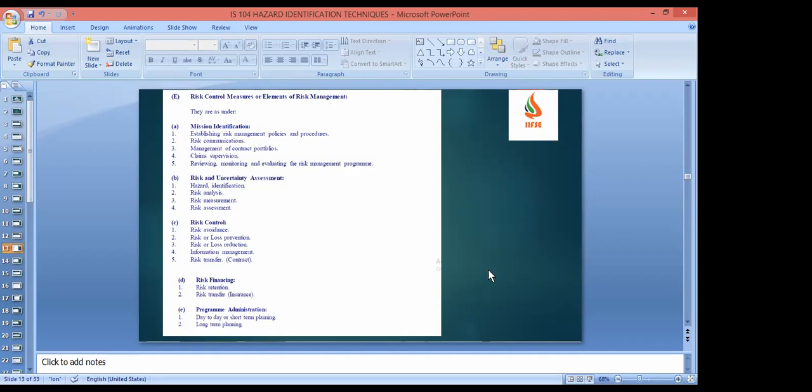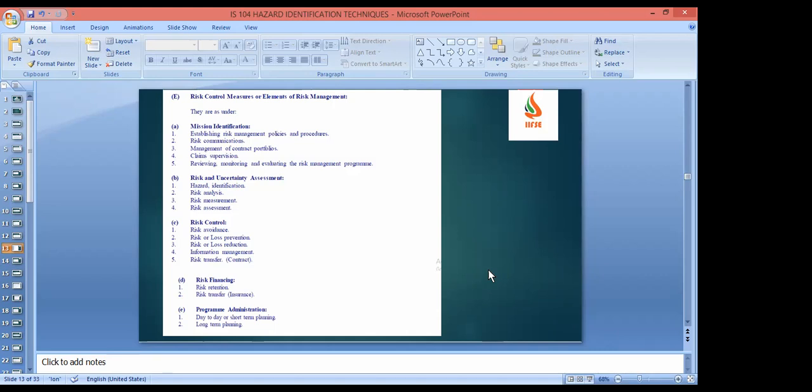Then risk communications, where we communicate whatever risks are there. Then management of contracts and portfolios, then claims supervision, and reviewing, monitoring, and evaluating the risk management program.